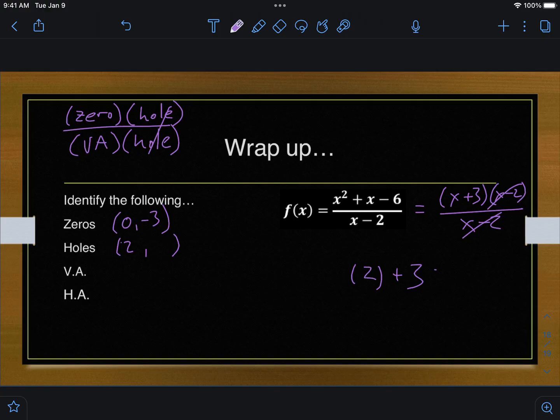That's going to give us the y value for the hole in the graph. All right, vertical asymptotes, in this case there are none because the factor on the bottom canceled out. And then our horizontal asymptote, looking at the degree of the top versus the degree of the bottom, there is also none.